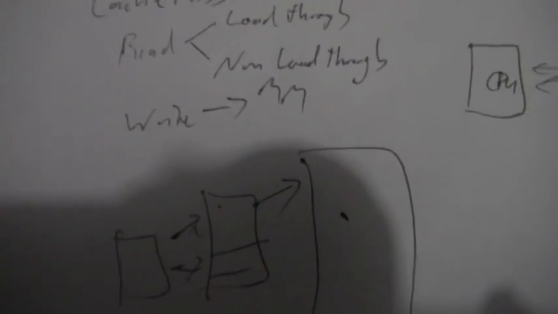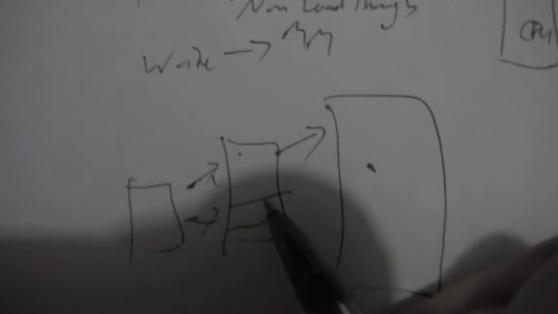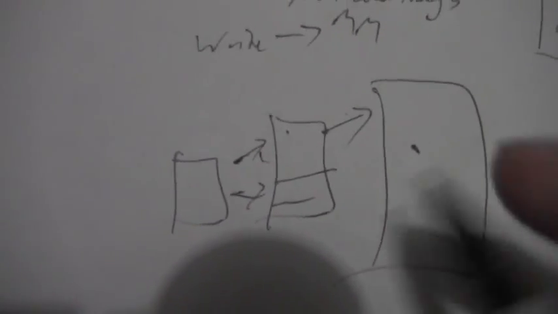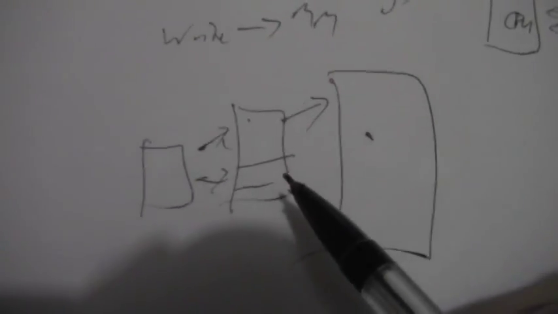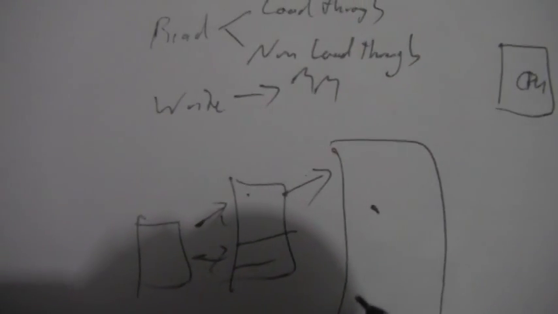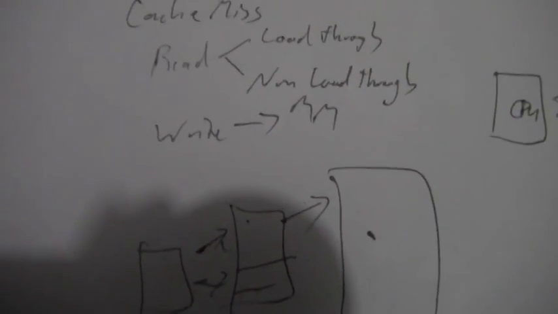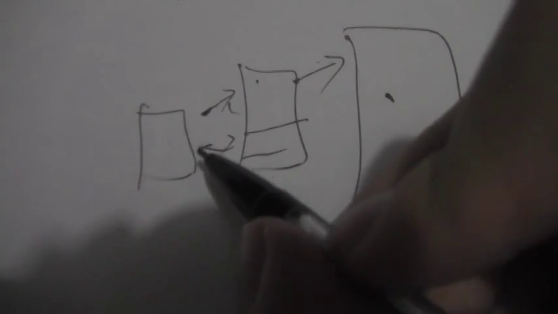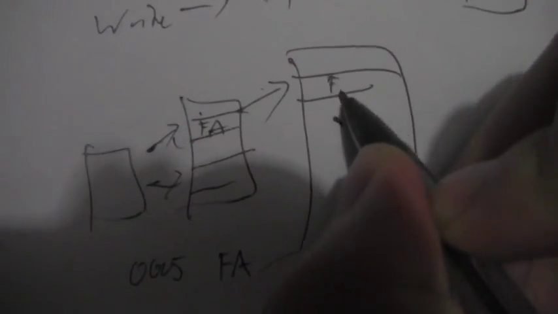So it's during idle time. Or when this cache line is about to be overwritten by another cache line, you then update the main memory just to make sure that data is the same. For example, I say load 0005, write 0005. If I were to do a write through, write FA, I'd say FA, then FA.